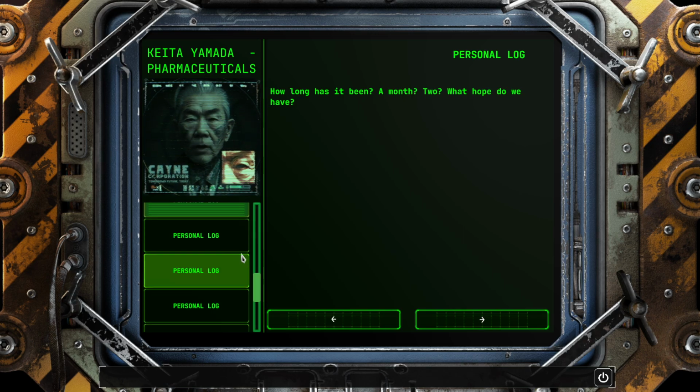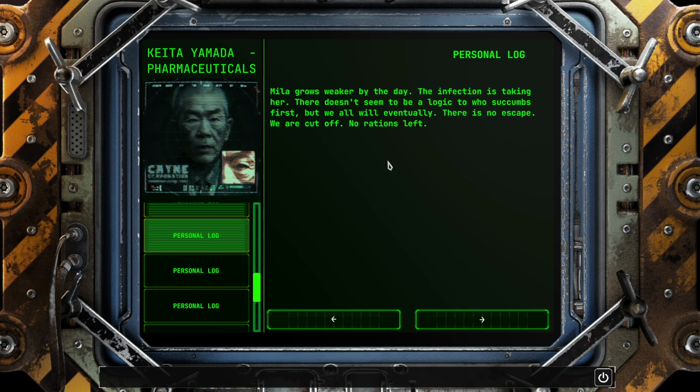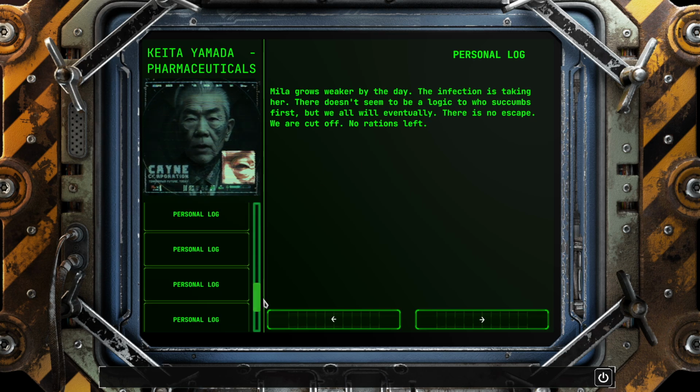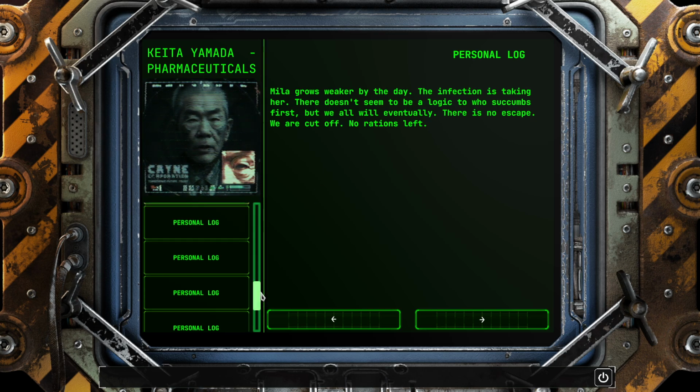Okay, so he was stuck down here for a good long time. Mila grows weaker by the day. The infection is taking her. There doesn't seem to be a logic to who succumbs first, but we all will eventually. There is no escape. We are cut off. No rations left. Yeah, and this far down you may as well be on Neptune, right?